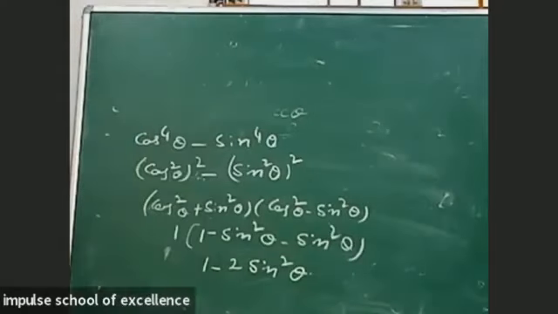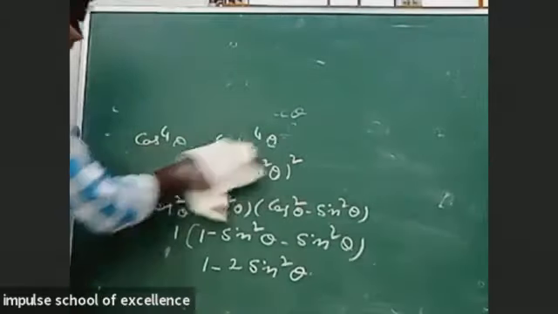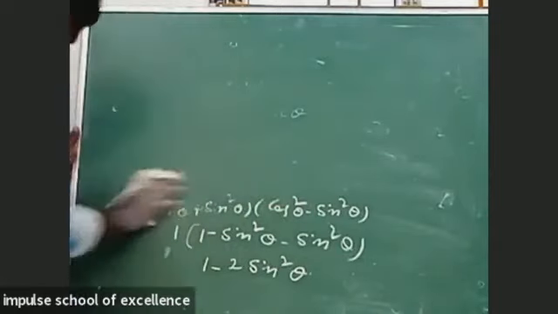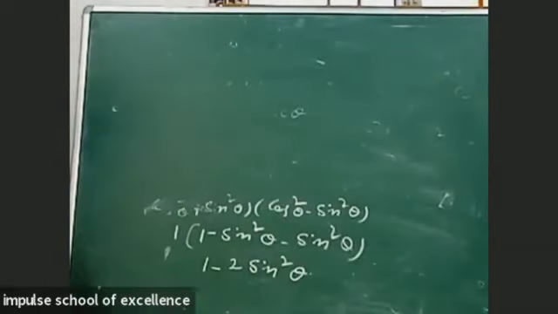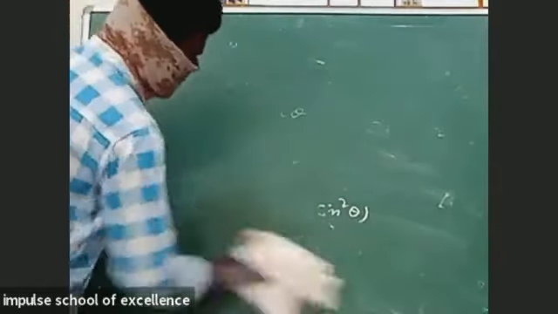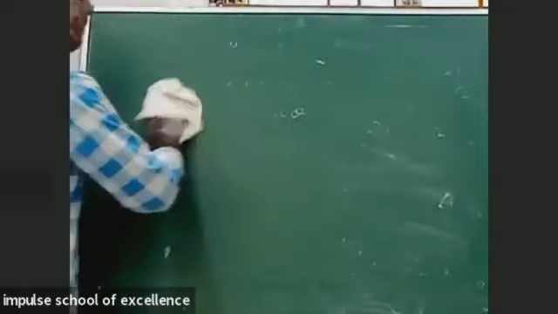Next, let us see. The angle of elevation of the top of the tower from a point 60 meters from its foot is 30 degrees.